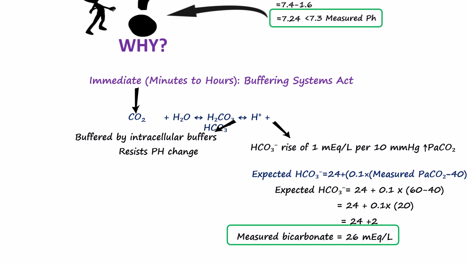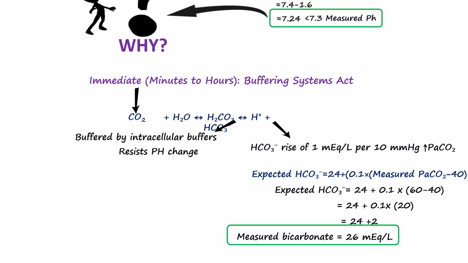So this is the reason our pH has stabilized at 7.3 and not the expected level. Also, this early compensation did not correct the pH to the normal value of 7.35 to 7.45, as these intracellular buffers, though instantaneous, do not have the capacity to completely correct the pH.